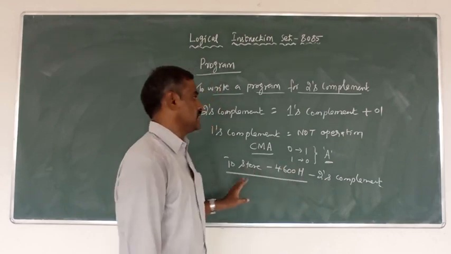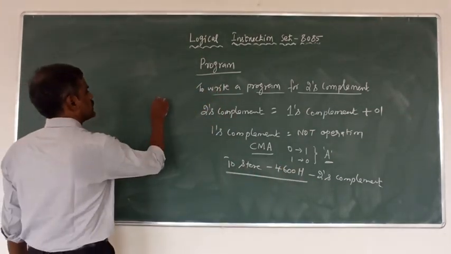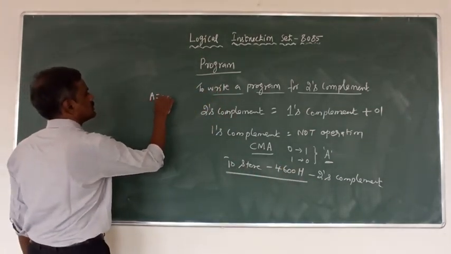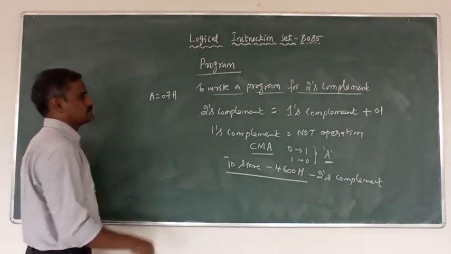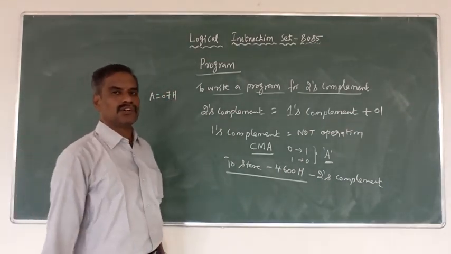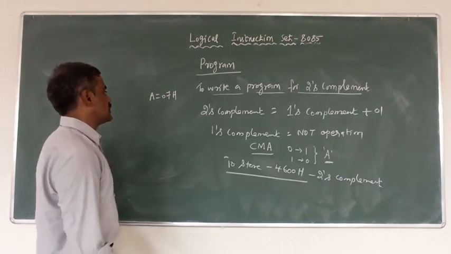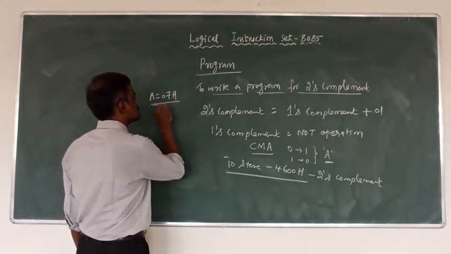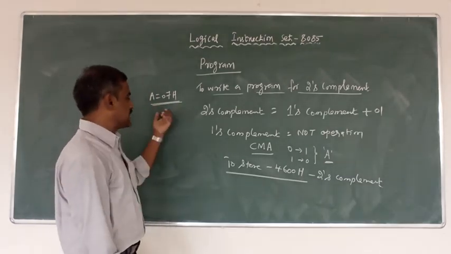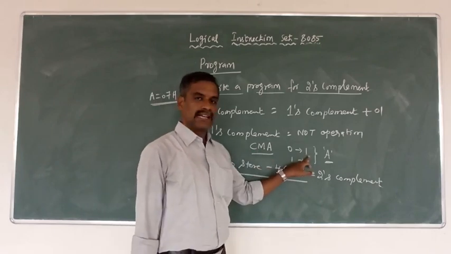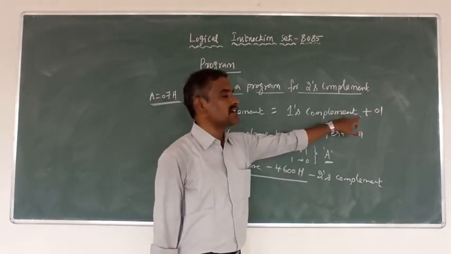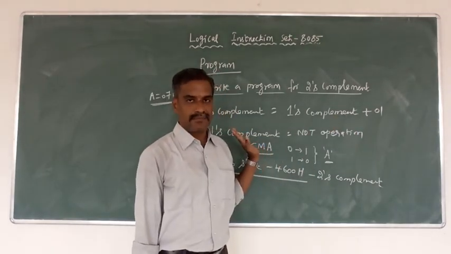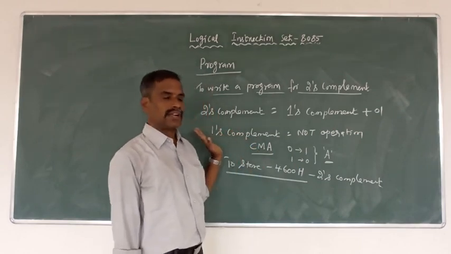Okay? Here A register 07H. Now to initialize the A register with 07H and then complement the accumulator content. That result we can add with 0, 1. Okay.